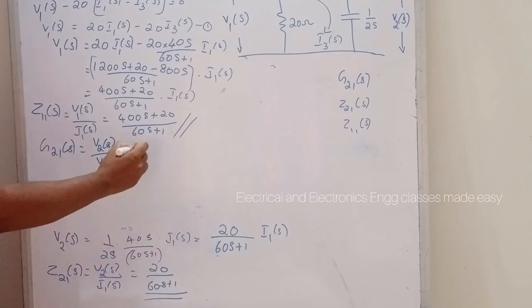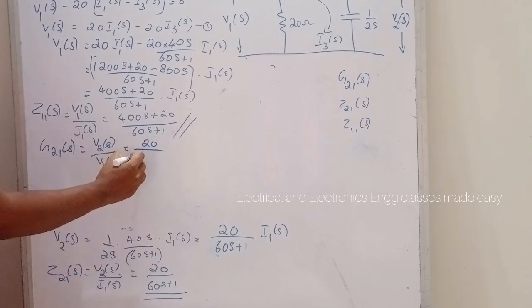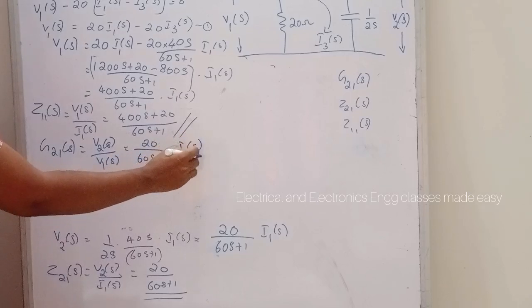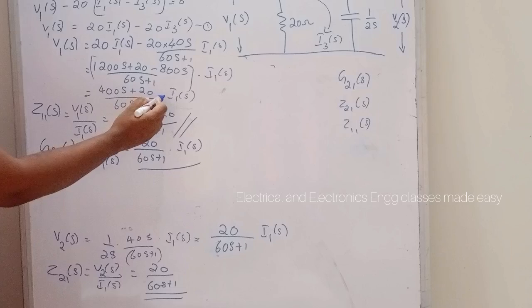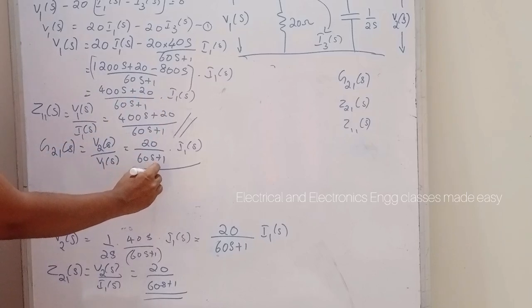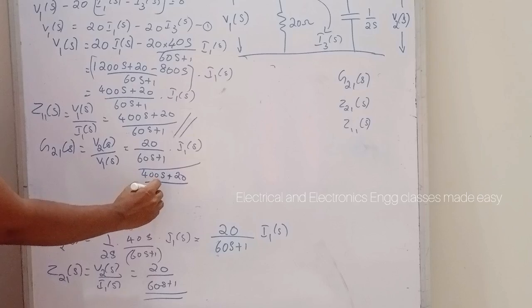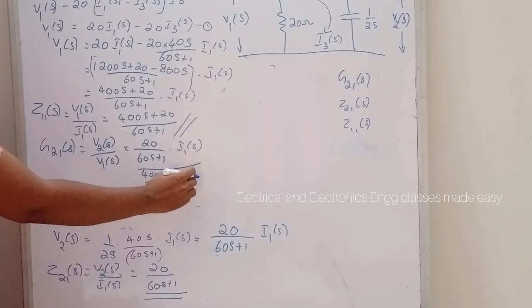V2 of s is 20 divided by (60s plus 1) into I1 of s, divided by V1 of s, which is (400s plus 20) divided by (60s plus 1) into I1 of s.